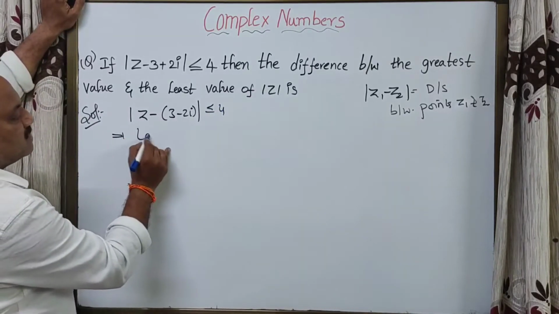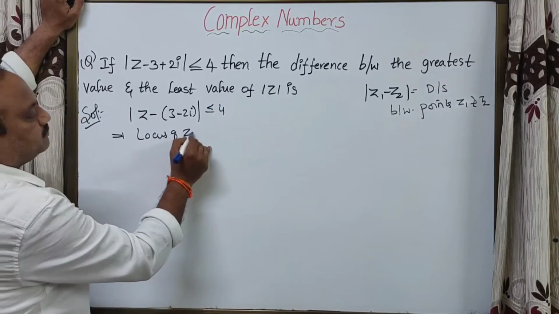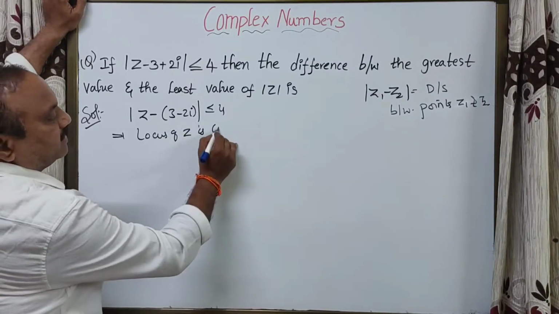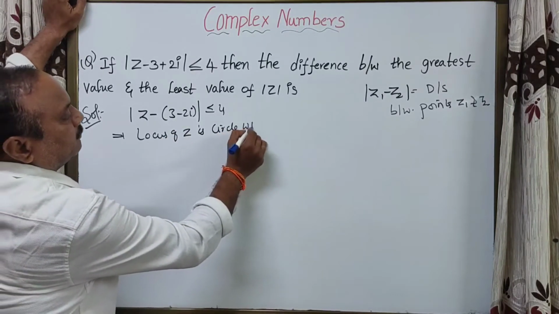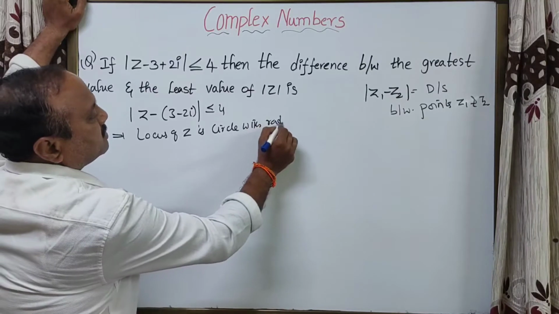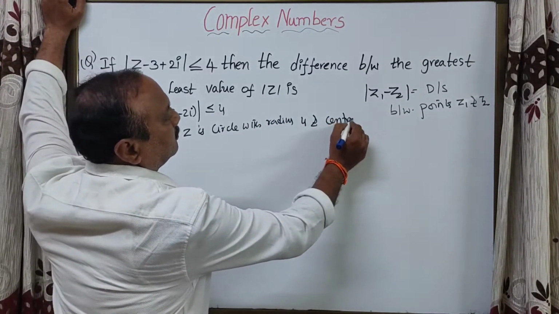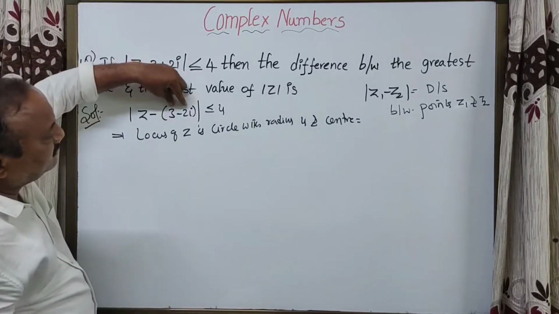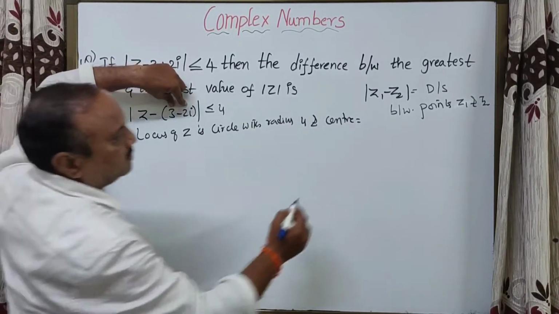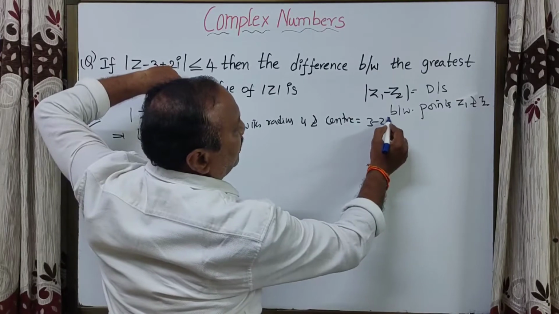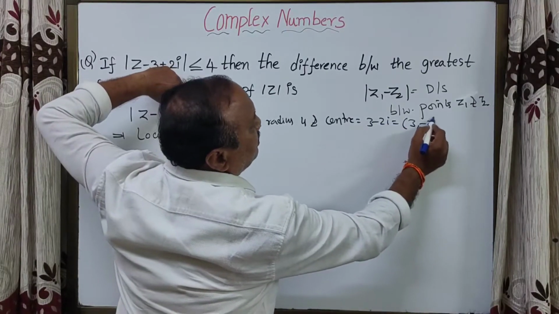Here the locus of z is a circle with radius 4 and center 3 minus 2i, which in point form is (3, minus 2).